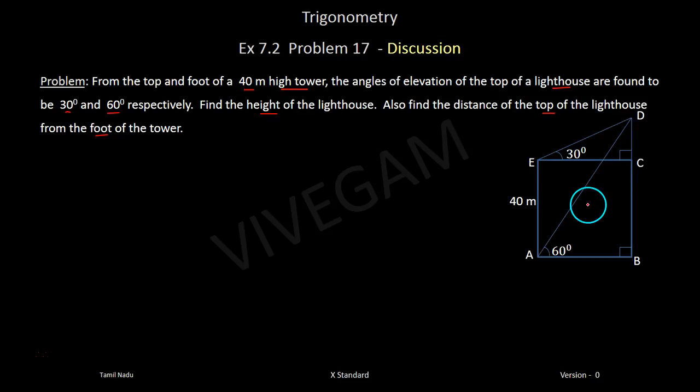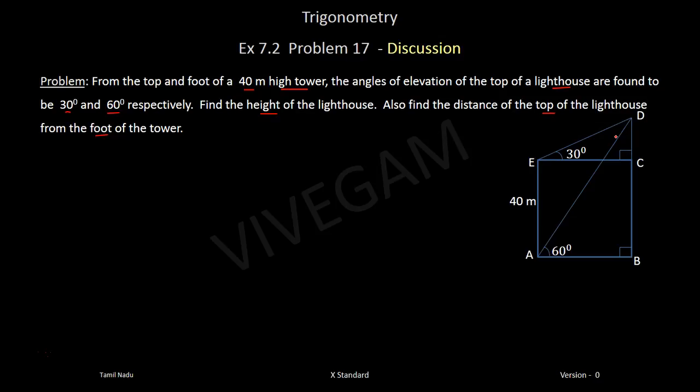Then you want to know this distance, AD, and you can get it because you know the height of the lighthouse now. What is the relationship between this side and this side and this angle? That is sine 60. Sine 60 is opposite by hypotenuse. Using sine 60 you should be able to calculate AD. So this is how this problem needs to be solved.